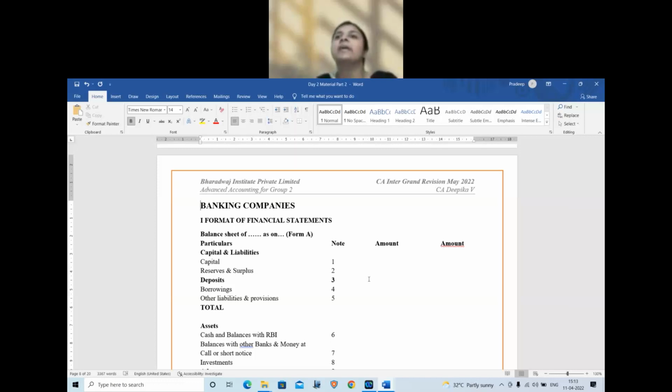This chapter is a sure shot 10-mark chapter. Minimum 10 marks, sometimes even more. And in the 10 marks, there is a lot of chance where they ask the profit and loss account format.